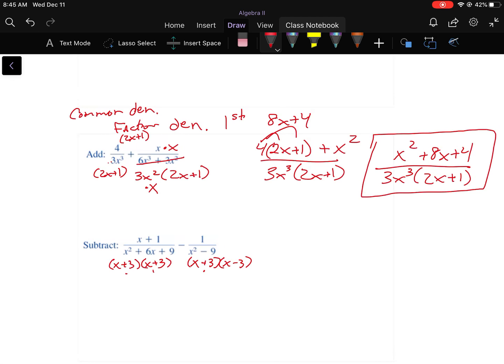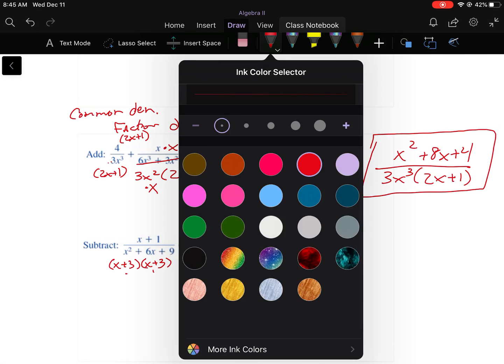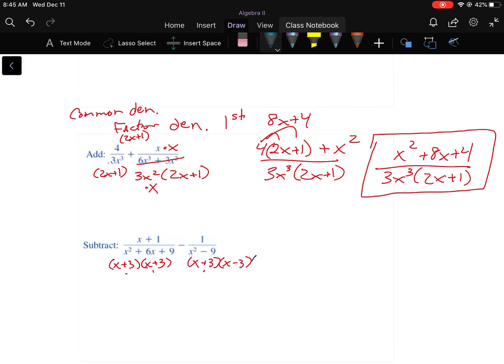This one only has one x plus 3, so I'm going to multiply it by another x plus 3. Maybe I should do that in another color just so you can see that I added another x plus 3 here. And this one's got two x plus 3's, but it doesn't have an x minus 3. So if you notice, both denominators have x plus 3 twice and x minus 3 once.